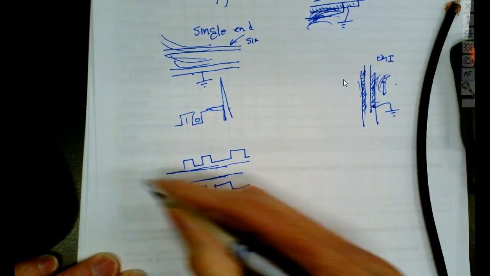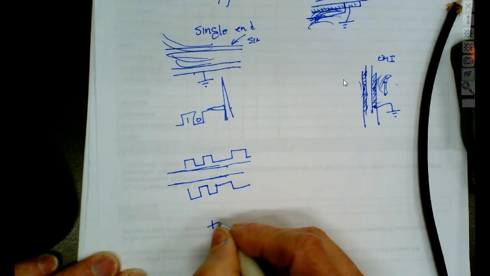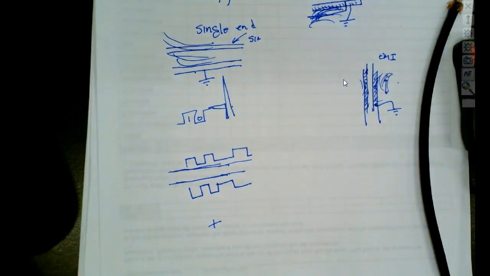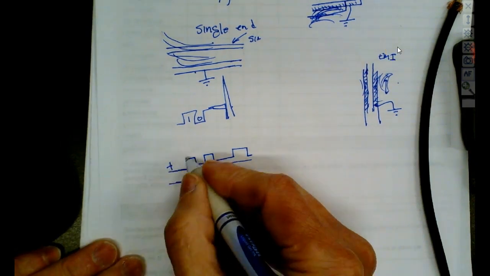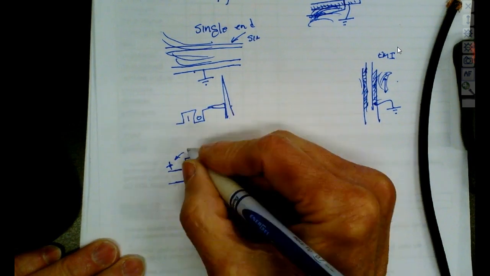And so this is a symbol. A symbol is something that we use to represent things. In math, when we see that symbol, it means add. In differential signaling, if we see this thing, it means the uninverted signal.